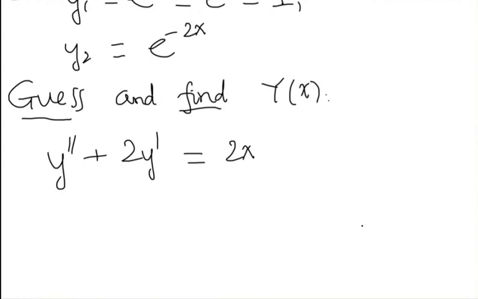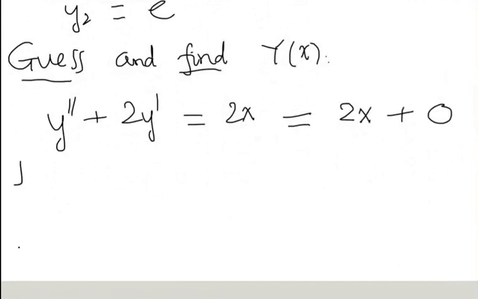For a polynomial, we should fill in all the missing terms, missing powers, by putting 0. We begin with the highest power of x, which is power 1, so 2x. Missing constants, so we should fill in 0. Now, our initial guess.